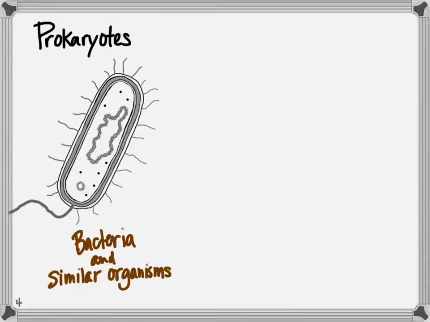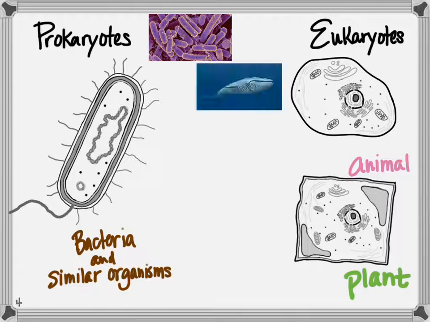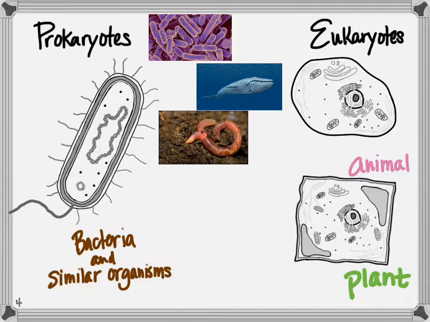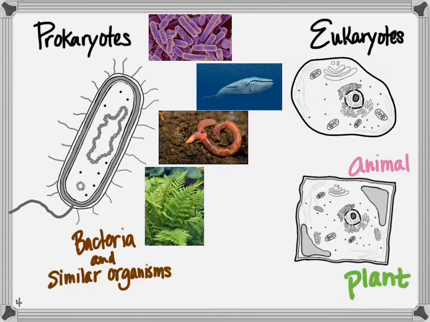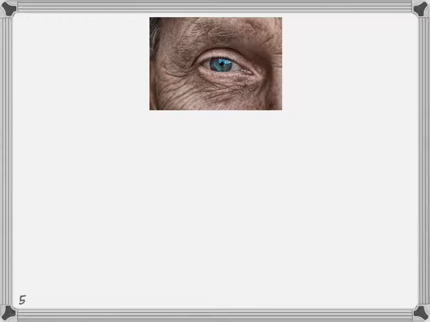Now, all organisms, from prokaryotes to eukaryotes, construct protein. From bacteria to blue whales, from earthworms to ferns, from maple trees to crayfish. Every single organism makes proteins. But why? Well, proteins are pretty important.